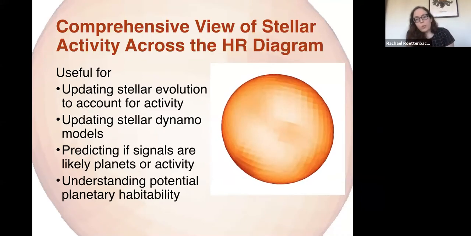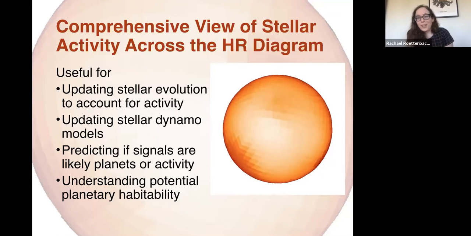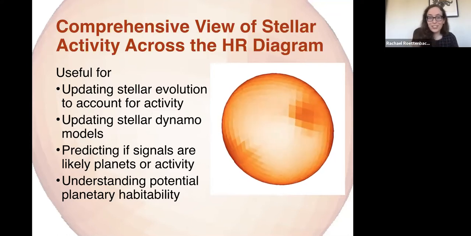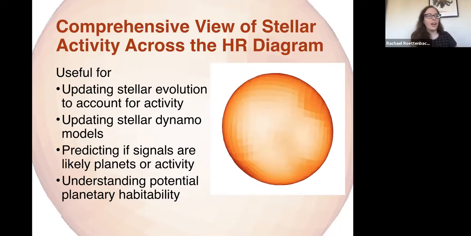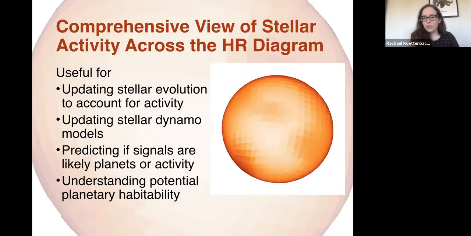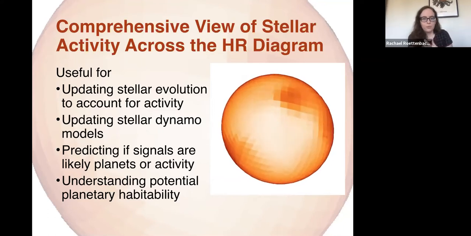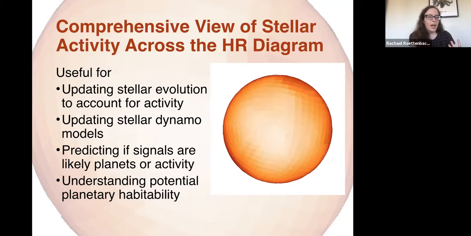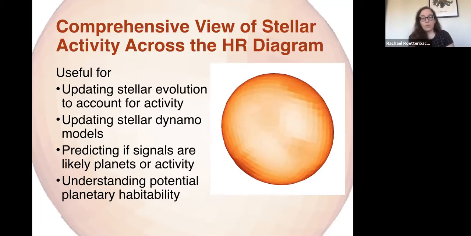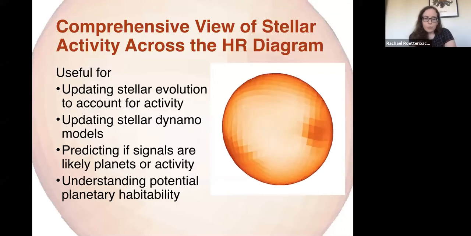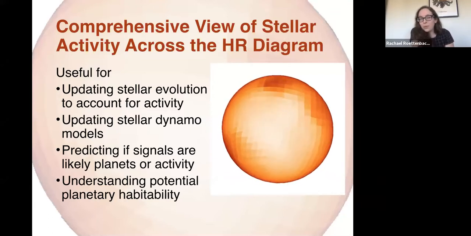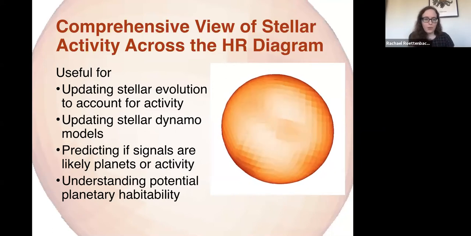My ultimate goal with understanding as much as possible about star spots and stellar activity in general is to really understand how stars evolve with activity and how different masses of stars have different behaviors with the activity. The idea is that ultimately this sort of thing might be useful for updating stellar evolution theories to account for activity better, to understand stellar dynamos better, perhaps even providing a good boundary condition for these models.